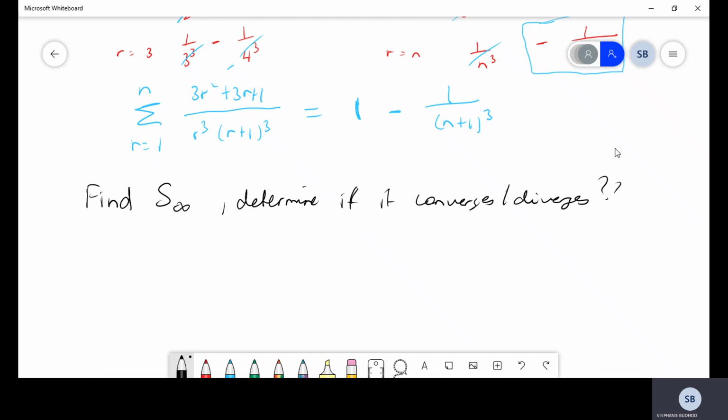How are we going to do that? Well, remember we just found the sum here, so that would also imply that s to the n was given by 1 minus 1 over n plus 1 cubed, right? Because the sum of this sequence over here is also equal to 1 subtract that.